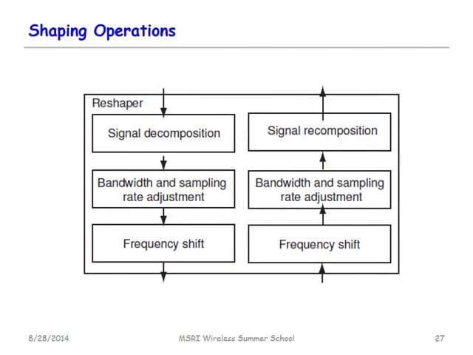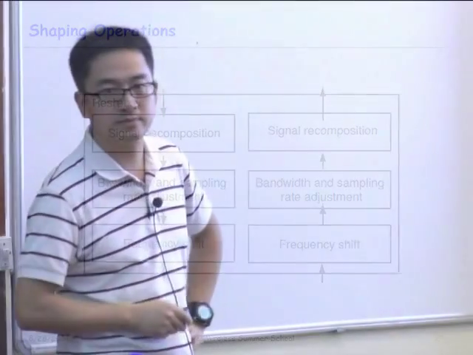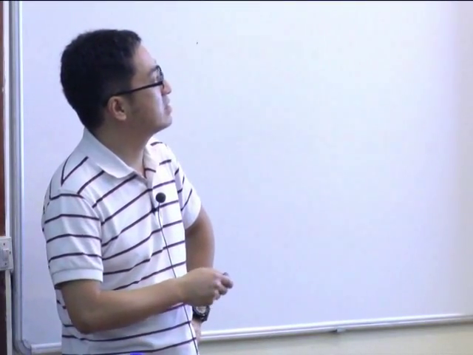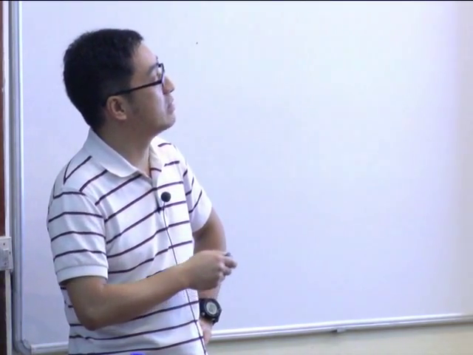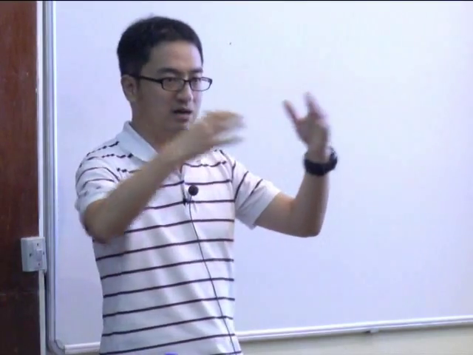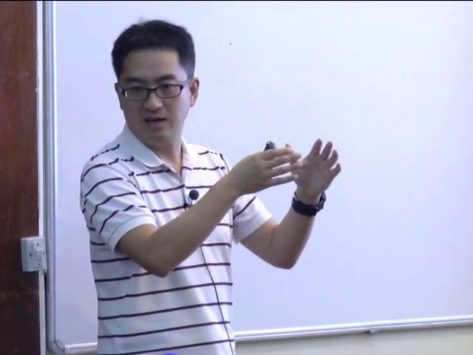So actually, the operation is very simple. There are only three. The first operation we call signal decomposition. This decomposition decomposes the signal from the baseband into a couple of signal components. These signal components are grouped together and their bandwidth is changed by adjusting their sampling rate. You can say it's like stretching and compressing the signal. After doing that, each component may be shifted to a different band.